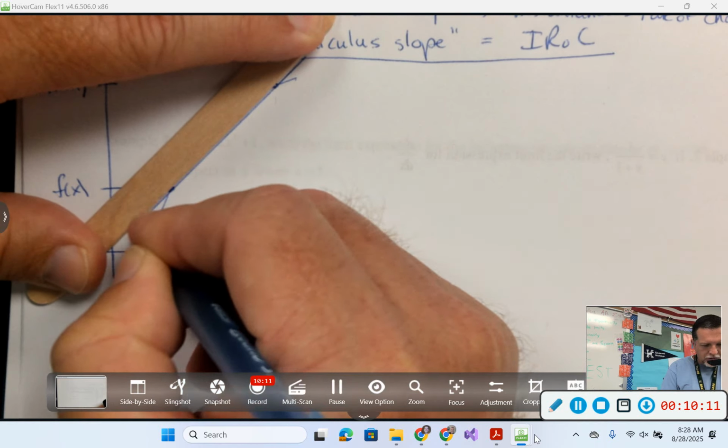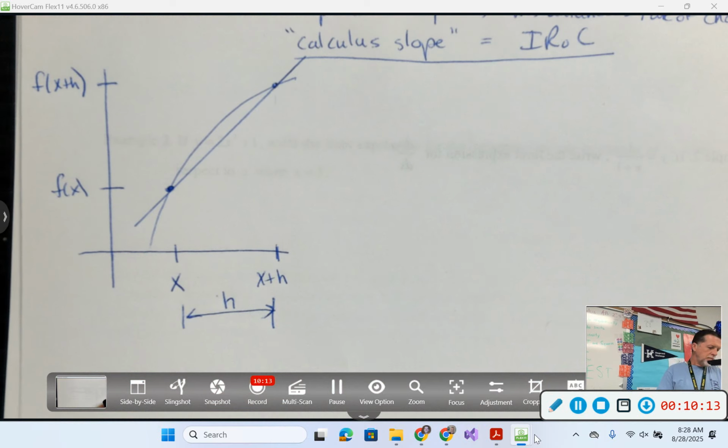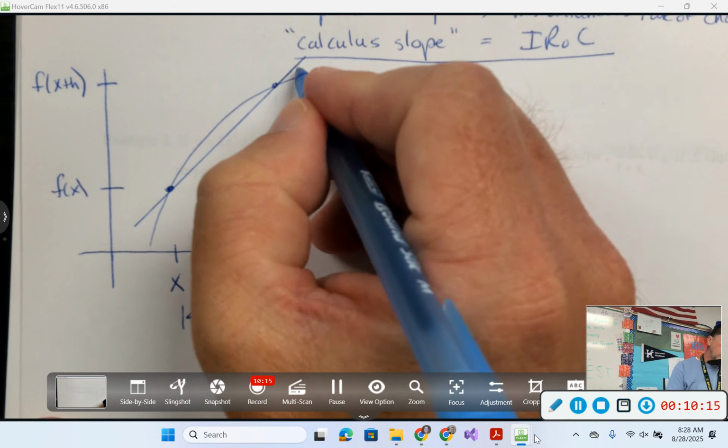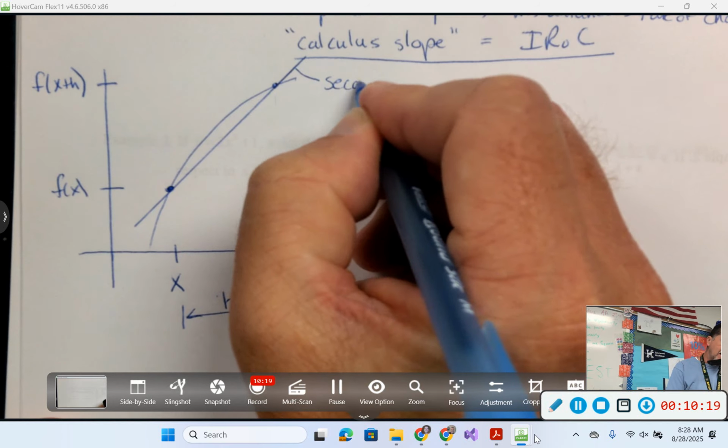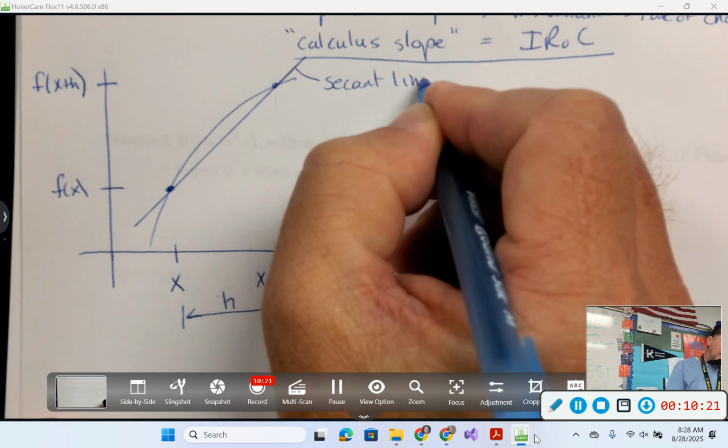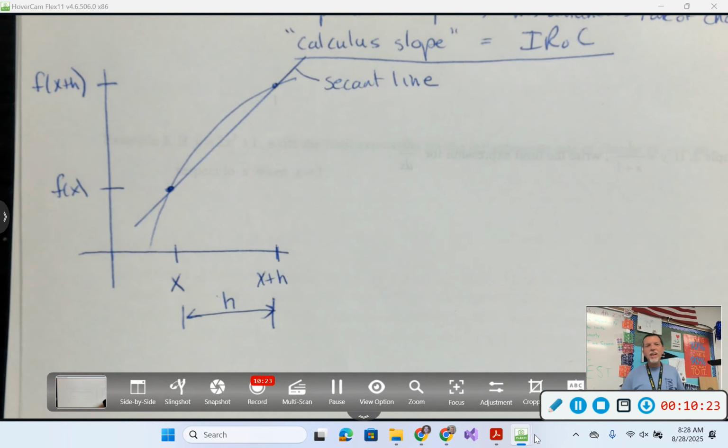There's my algebra slope. We call that a secant line, as opposed to a tangent line. Probably heard the term tangent line. A secant line just goes through 2 points. And we can find the slope of the secant line.